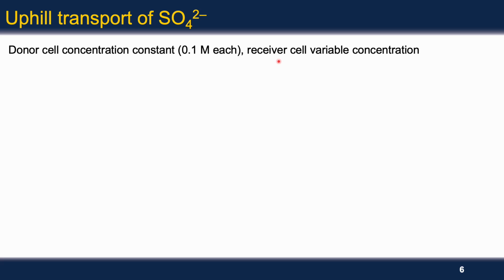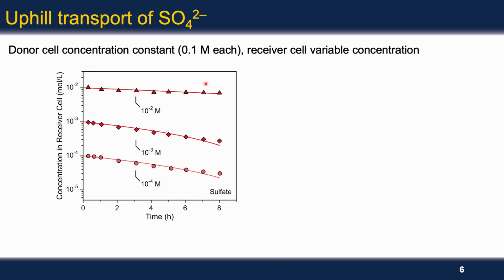In this plot, I'm showing the concentration in the receiver cell as a function of time for sulfate anions, and each curve represents a different concentration of sulfate, from 10 to the negative fourth to 10 to the negative 2. In both cases, we find that the concentration of sulfate in the receiver cell decreases as a function of time, which means that sulfate anions are moving against their external concentration gradient and diffusing from the receiver cell to the feed cell, or the donor cell.